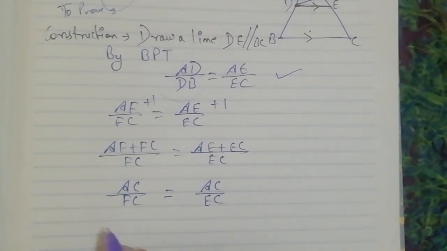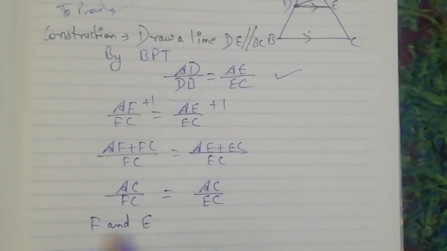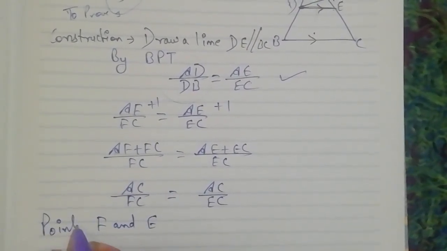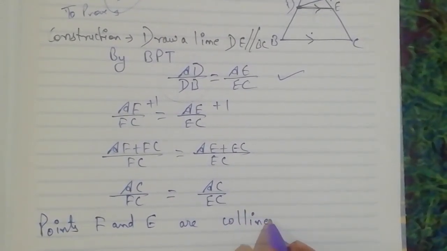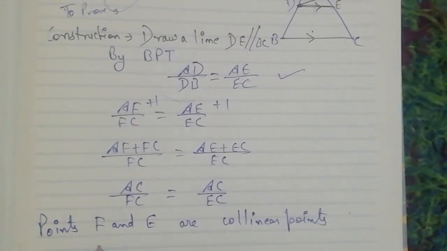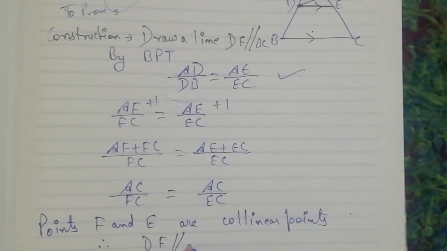So from here we have a conclusion that the points F and E are collinear. Therefore DF is also parallel to BC.